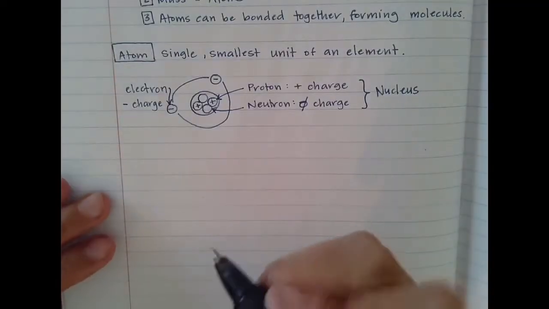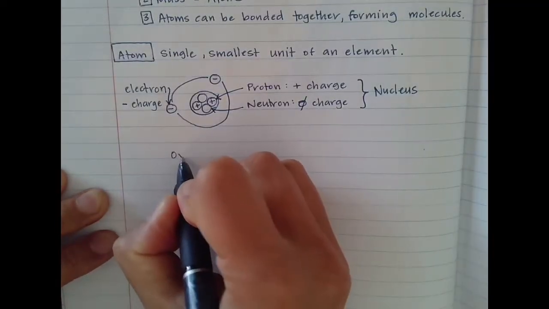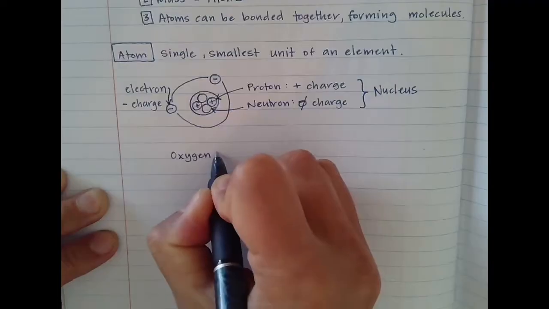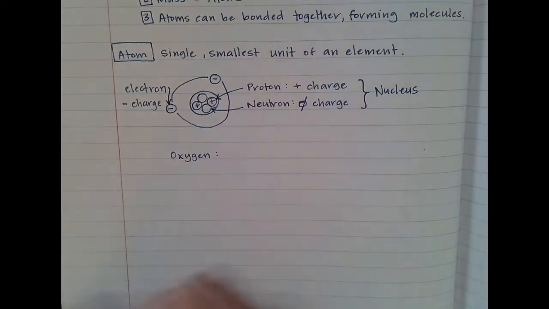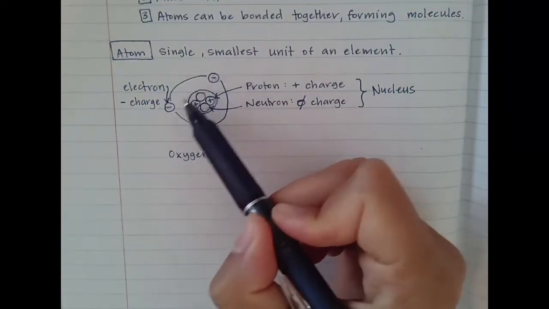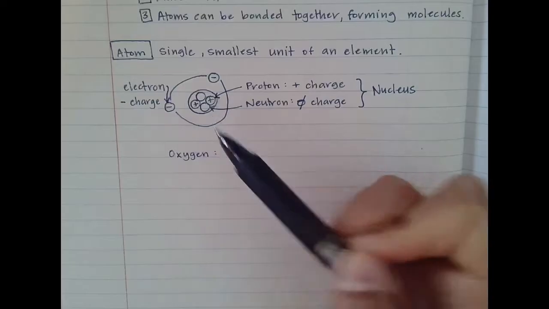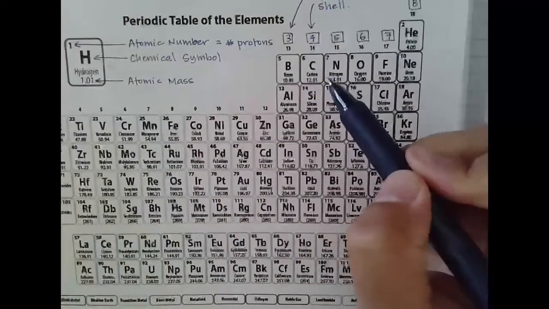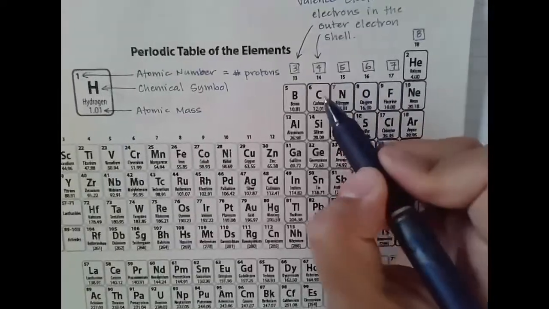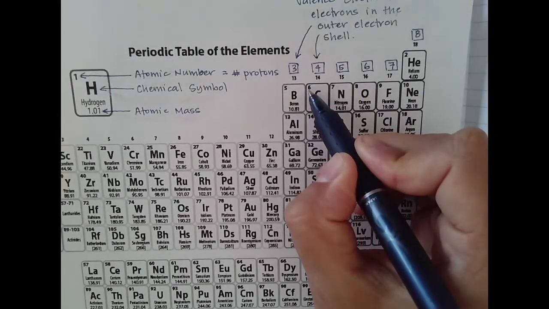I'm going to look at oxygen. How many total electrons does oxygen have? Well, the reason that I drew 2 electrons here is because there were 2 protons. And in general, the number of protons is equal to the number of electrons. So carbon has the atomic number 6.